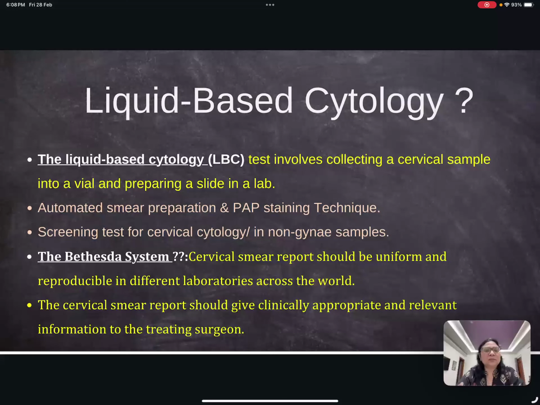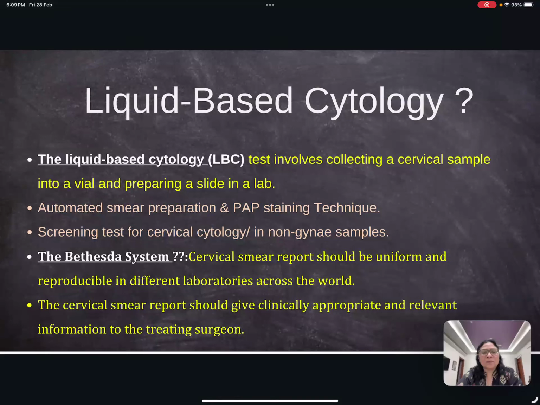Good evening, all of you. Thank you, Nisha ma'am. And before starting the liquid-based cytology, I want to tell you some basic points related to the liquid-based cytology as well as the reporting classification of Bethesda system. Liquid-based cytology, basically this is an automated smear preparation and pap smear staining technique. And this is the screening test for the cervicovaginal cytopathology as well as non-gynec samples. We use the LBCs technique.